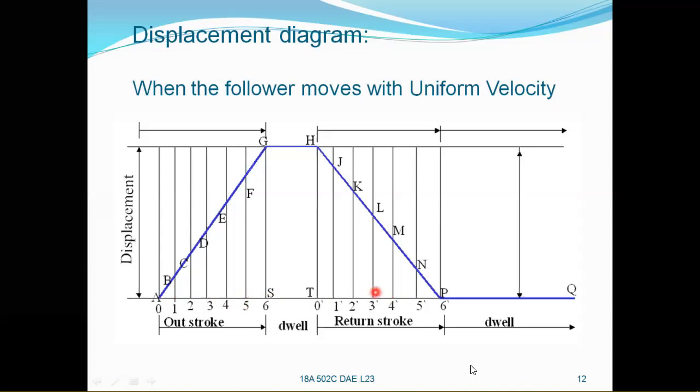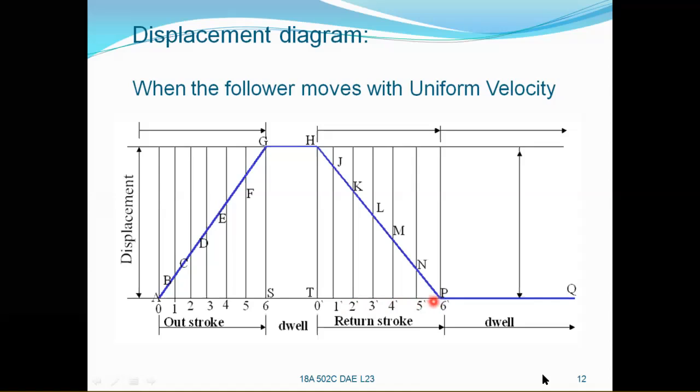Here I have divided AS into 6 equal parts, and similarly TP into 6 equal parts. Draw the projectors from each point, and mark 0, 1, 2, 3, 4 up to 6, and then 1 dash, 2 dash, 3 dash, 4 dash, 5 dash and 6 dash.